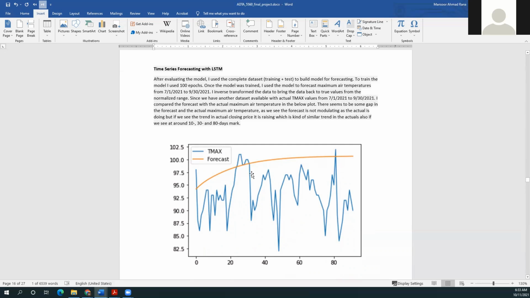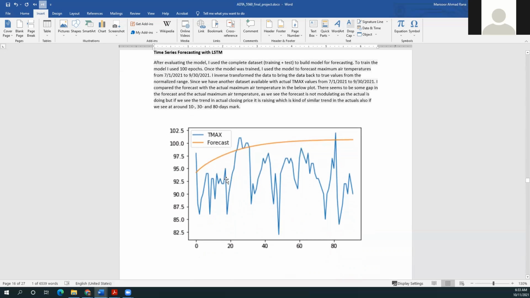And here what we see is that it is not as close to the predicted values, but rather it is showing a trend. So the trend is kind of similar because it is increasing as the time goes by, but the actual values are pretty different from what we have on this graph.